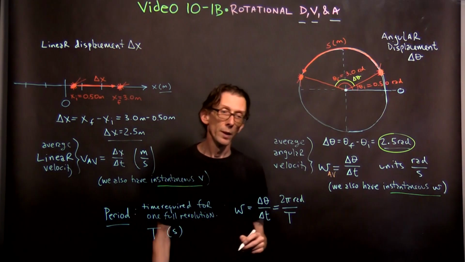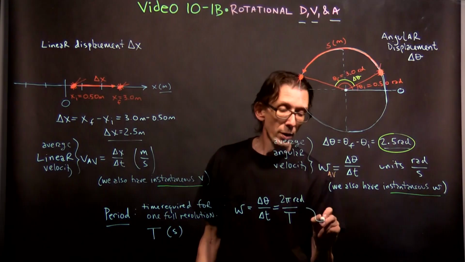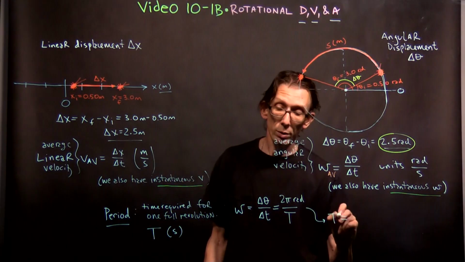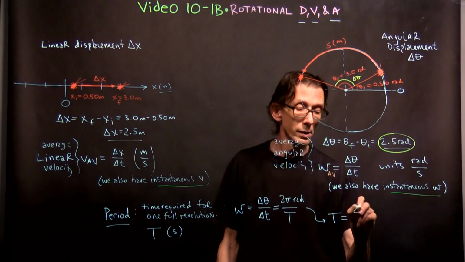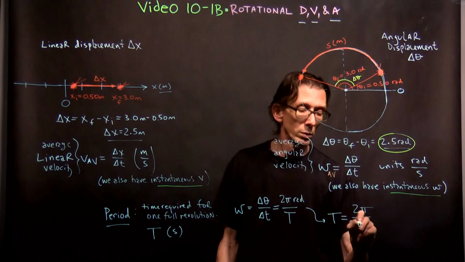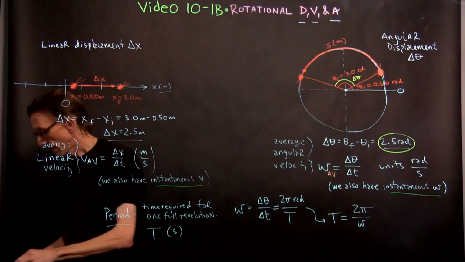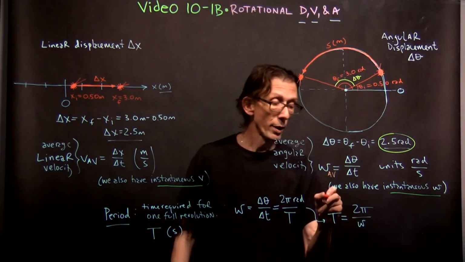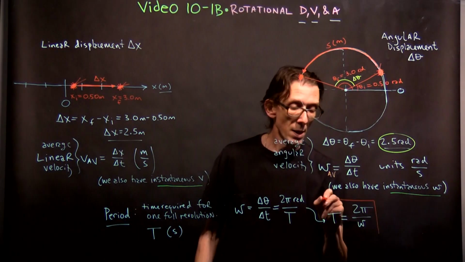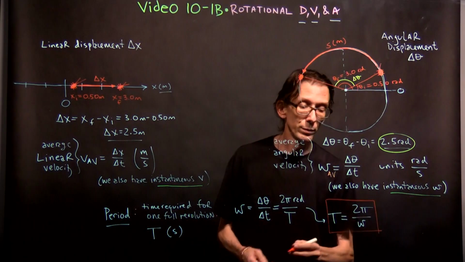So we can rearrange this for the period, and the period is equal to 2 pi over omega. That is the period. That's the connection between the period and the angular velocity.